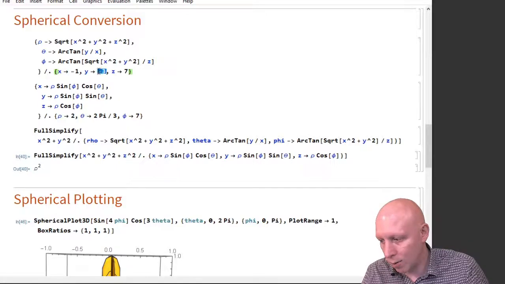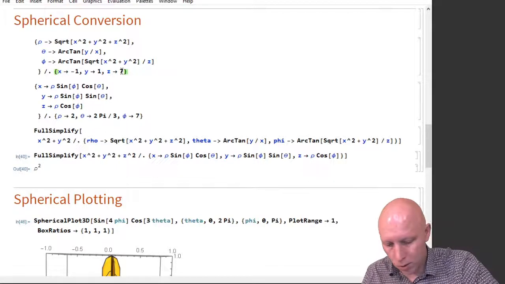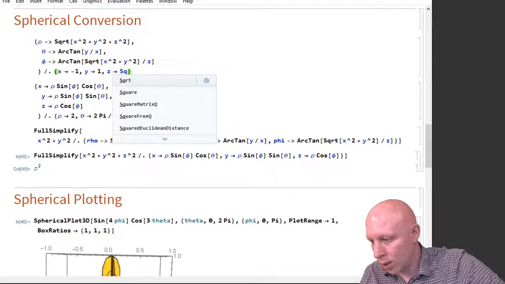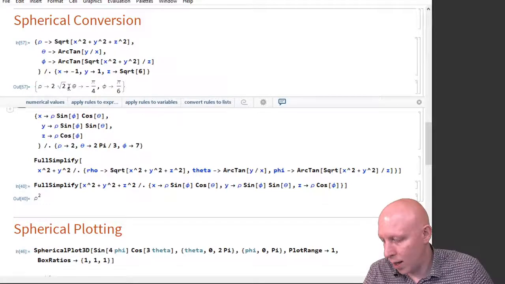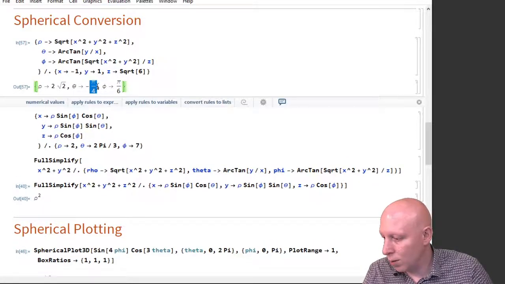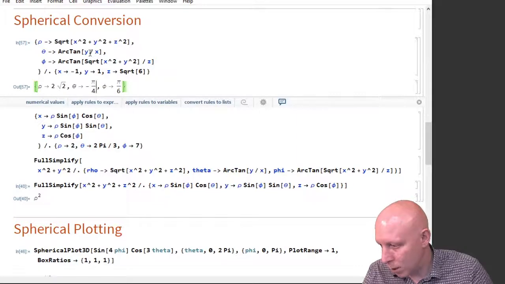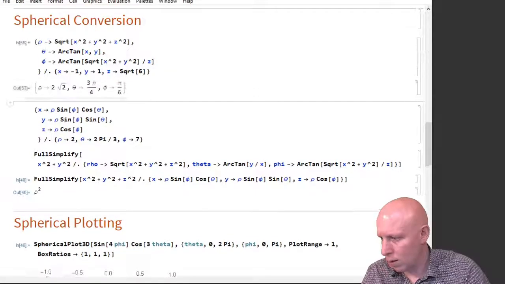X is equal to -1, y is equal to 1, z is equal to square root of 6. Then that's going to give us that rho is equal to root 8. Theta is equal to negative pi over 4. I think I'm actually going to fix this by making it arctan of x comma 1.